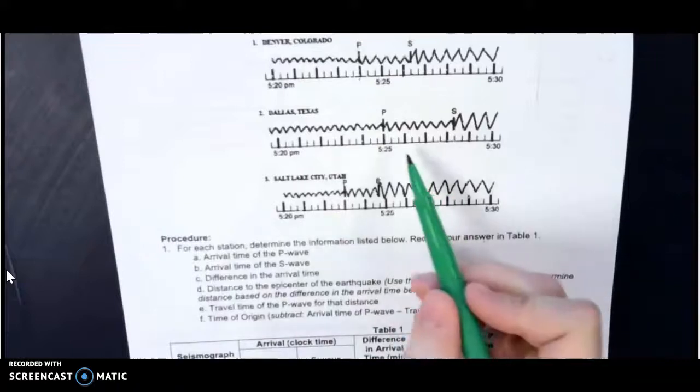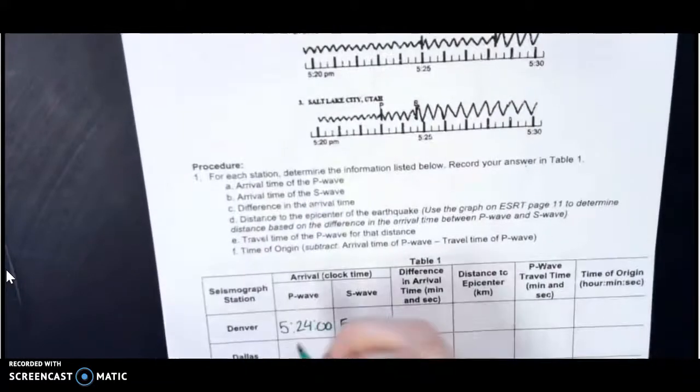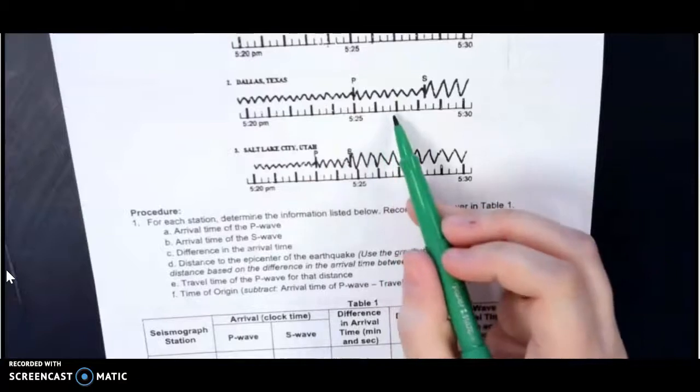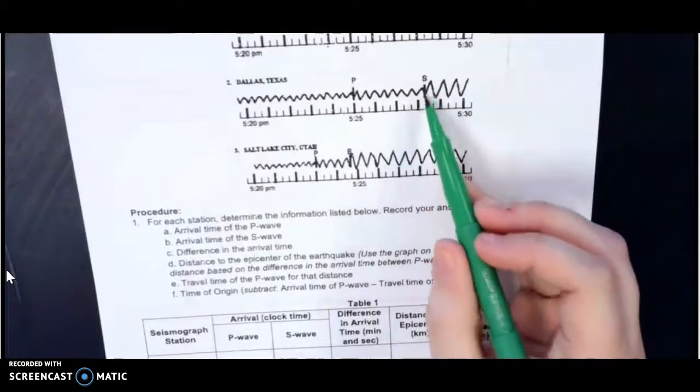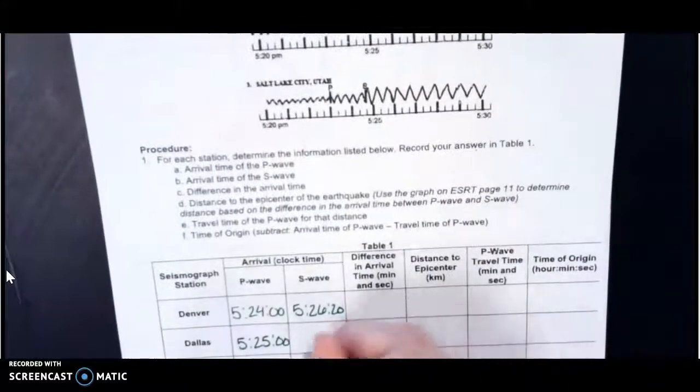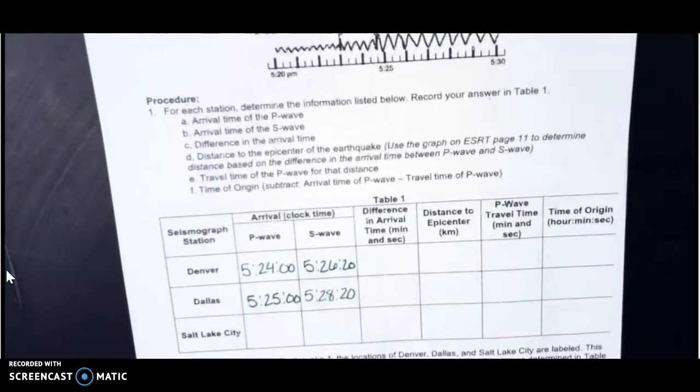So for Dallas, the P wave arrives at 5:25 in 0 seconds. The S wave, 26, 27, 28, 28, and 20 seconds. So 5:28, 20.